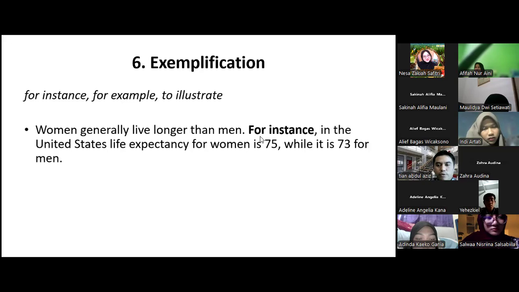We use connectors here, for instance, or for example, in the United States, life expectancy for women is 75, while it is 73 for men. So we provide an example to support the first sentence.